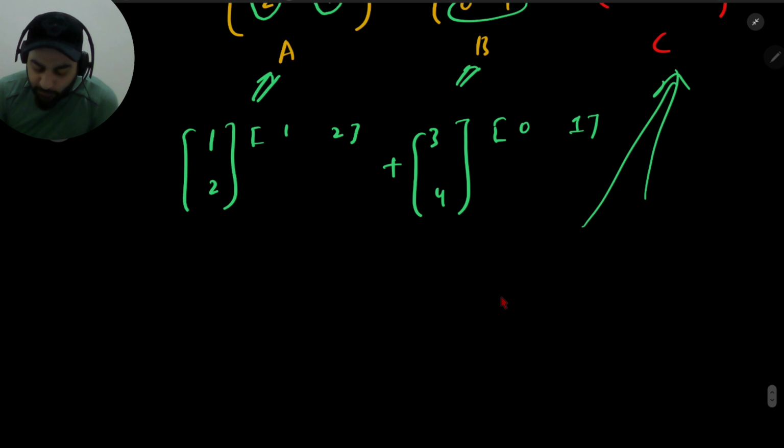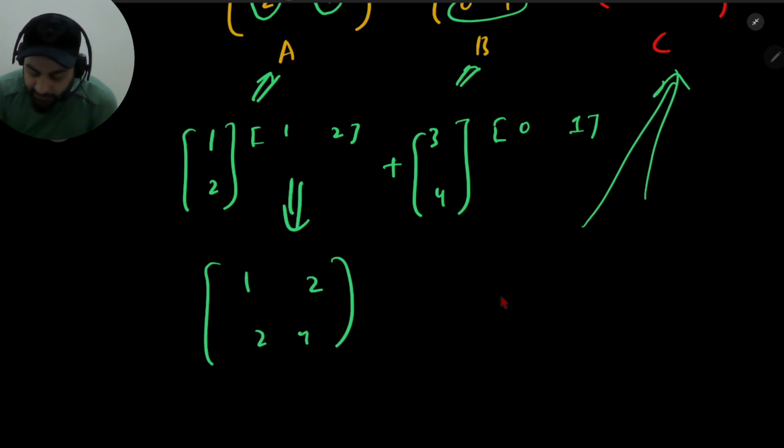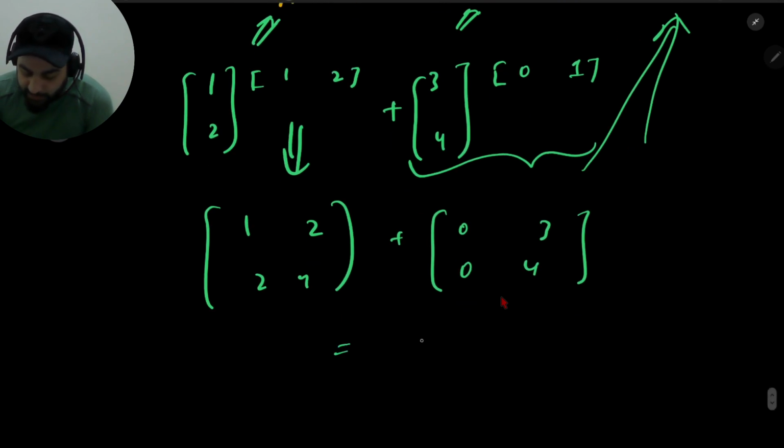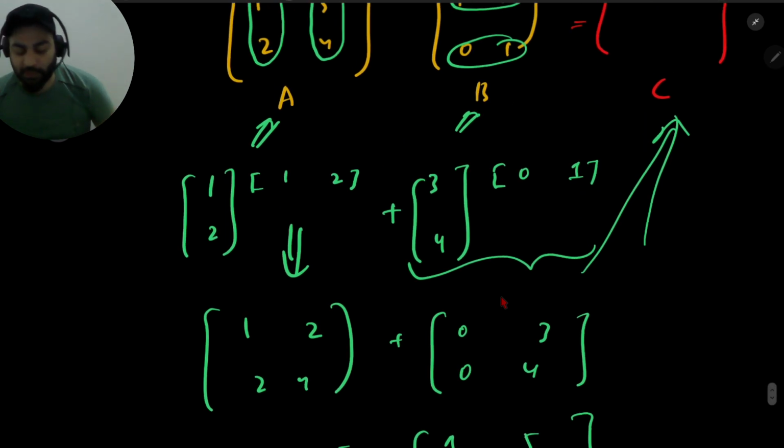Again, if I do it, I'll get 1 2 2 4 out of this, plus from this I'll get 0 3, 0 4. If I add these things together, I'll get 1 5 2 and 8. The calculation can be off here and there, but you understood the idea.